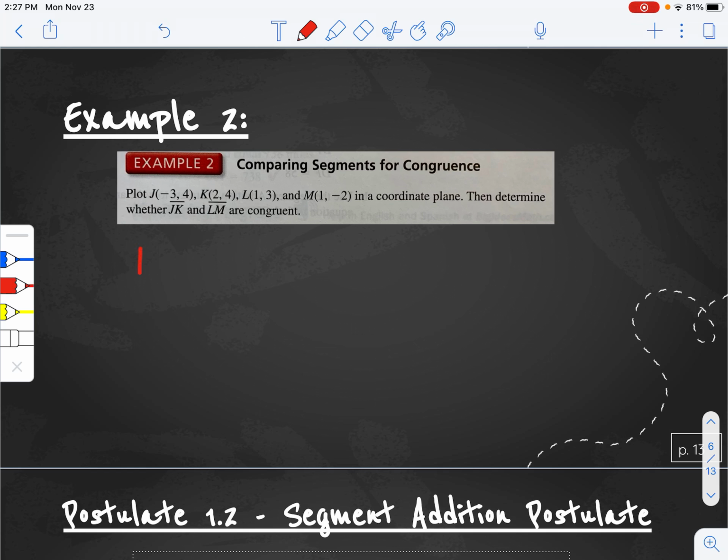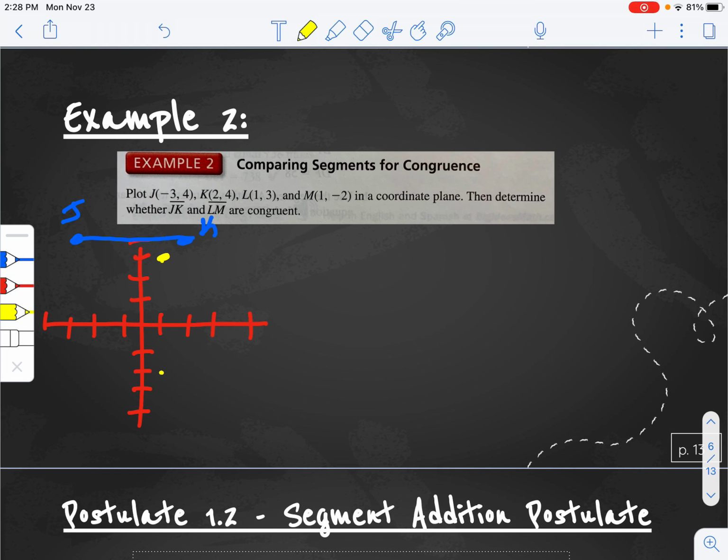So first, the directions say plot a couple points. I'll put my tick marks in. First, plot point J, which is at -3, 4. And then K, which is at 2, 4. Then we also need to plot L, which is at 1, 3.